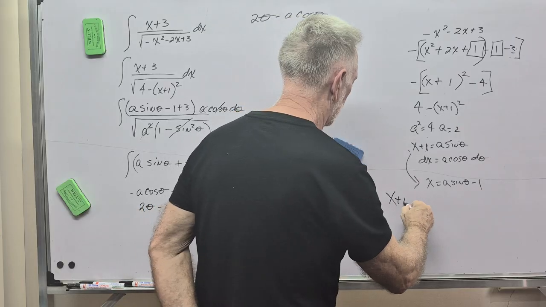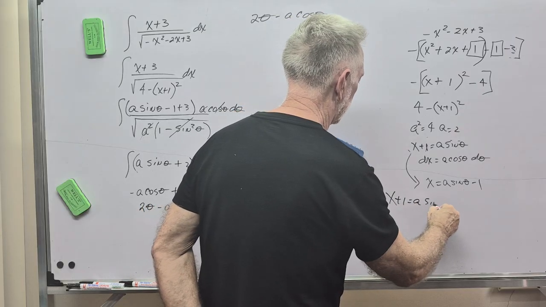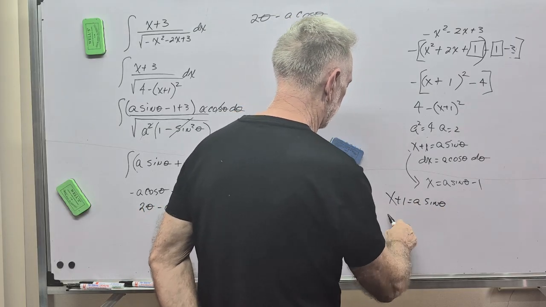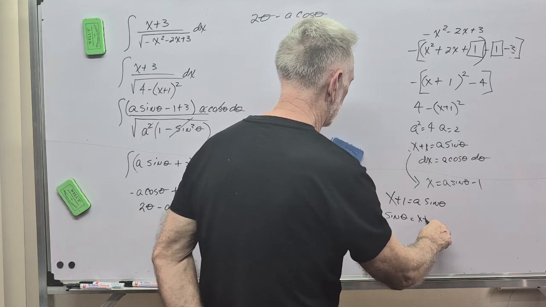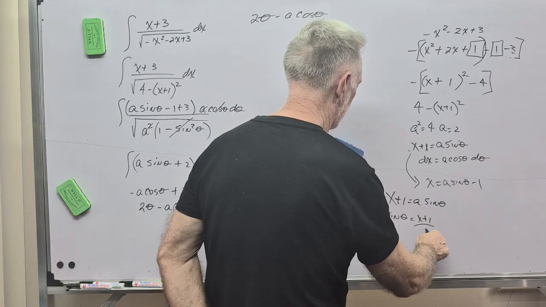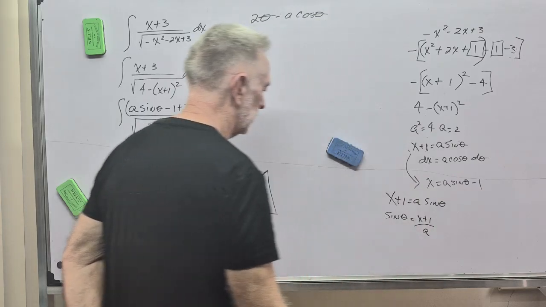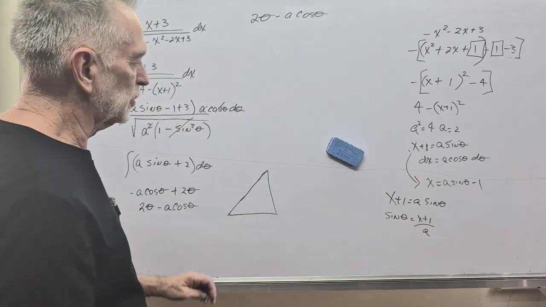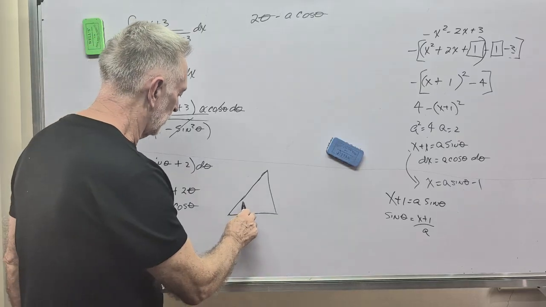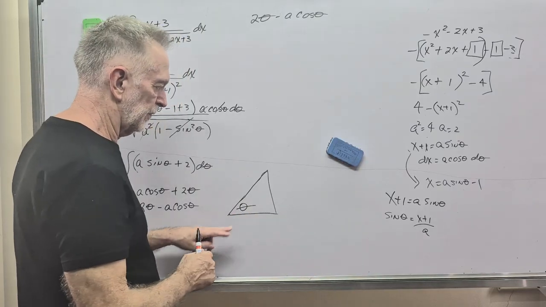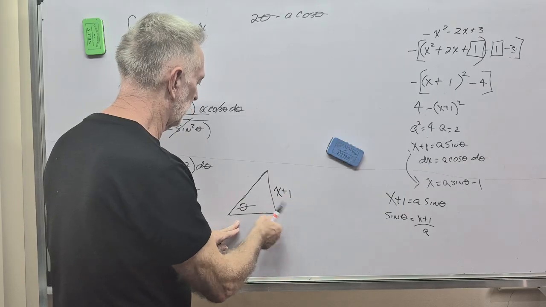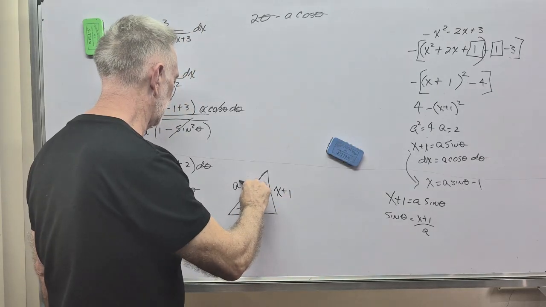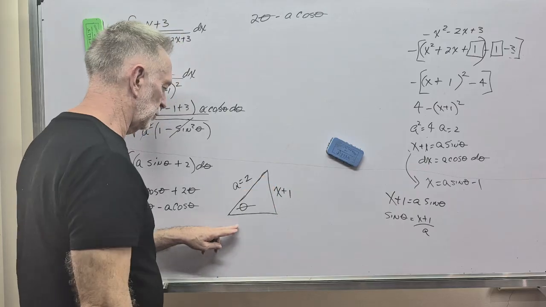If I solve that for sine theta, I divide both sides by a. Sine theta equals x plus 1 over a. So if this is theta, the opposite side is x plus 1. The hypotenuse is a. We said a was 2.